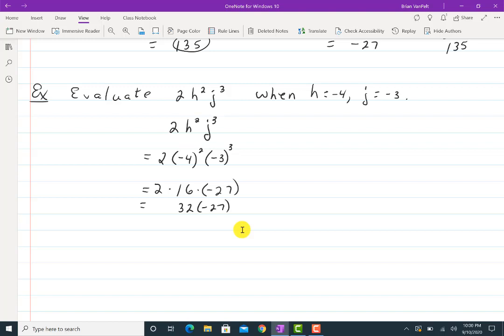And I have a positive times a negative, which is negative. And now let me go ahead and do the multiplication. 7 times 2 is 14, carry the 1, 21, 22. 2 times 2 is 4, and then 2 times 3 is 6. Looks to me like my final answer will be negative 864.